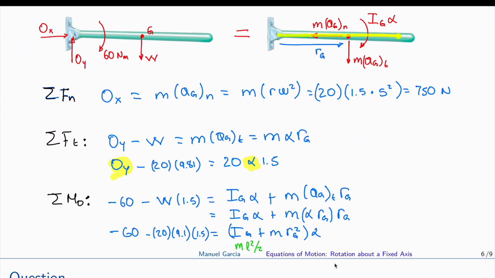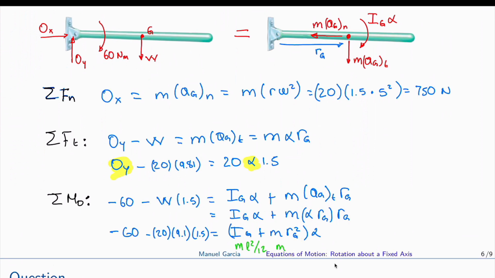So L is the total distance. So Rg is L over 2 as well. Sorry, the first one is not over 2, it's 12. And this is mass multiplied by L over 2, but squared. So I'm going to leave it like Rg squared.